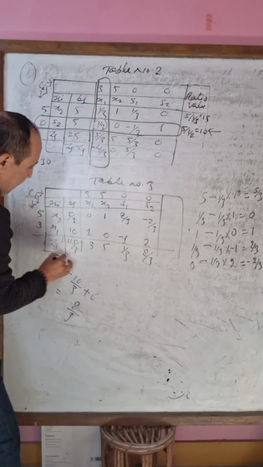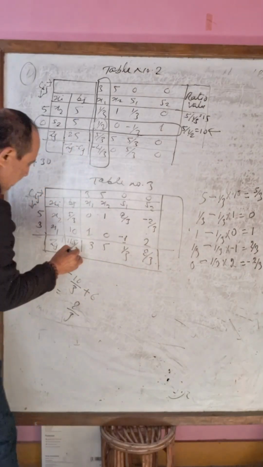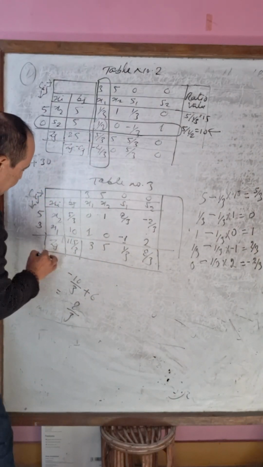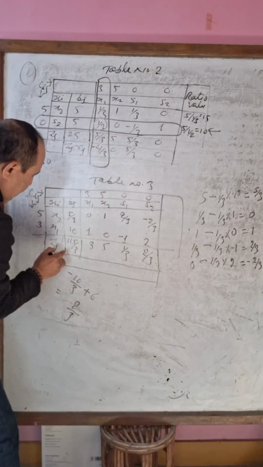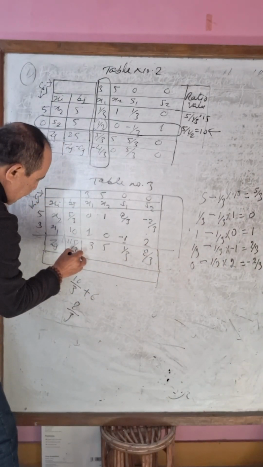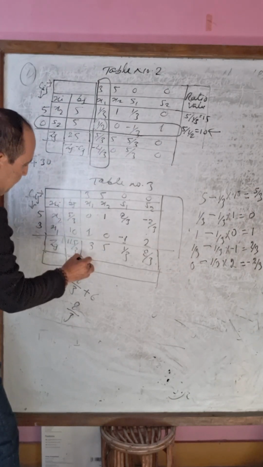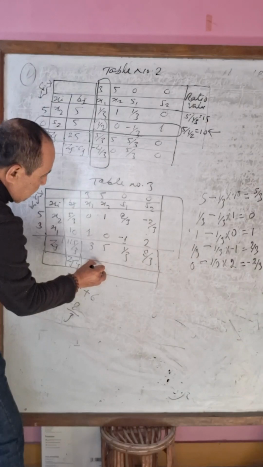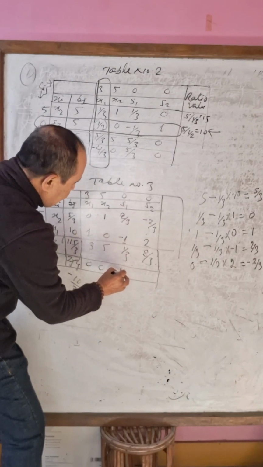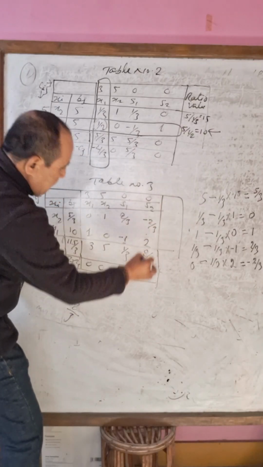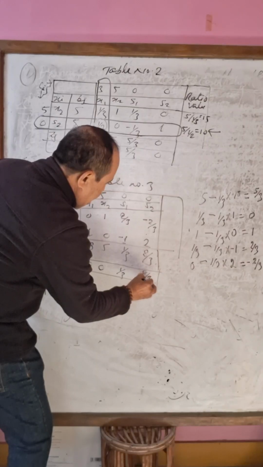Now you calculate the value Zj minus Cj. This is 0. This is also 0. This is 1 by 3. This is 8 by 3.